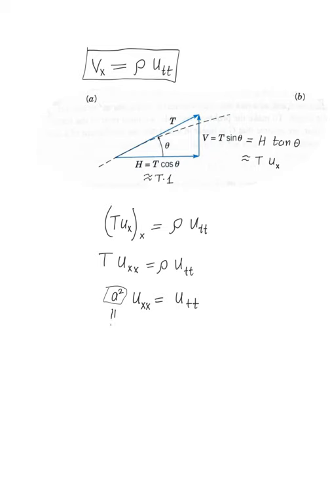That's simply the tension of the string divided by the linear density. Okay, so the standard one-dimensional equation of the small oscillations of the string is a squared times the second spatial derivative of u equal to the second temporal derivative of u.